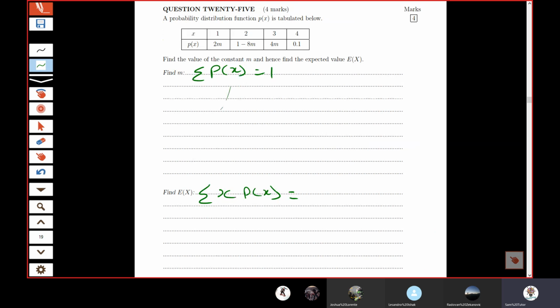Let's do it. What's the answer for M? 0.05. And have we done the expected value yet? What's your answer, Alessandra? 2.1. Can anyone confirm at home? 2.1.